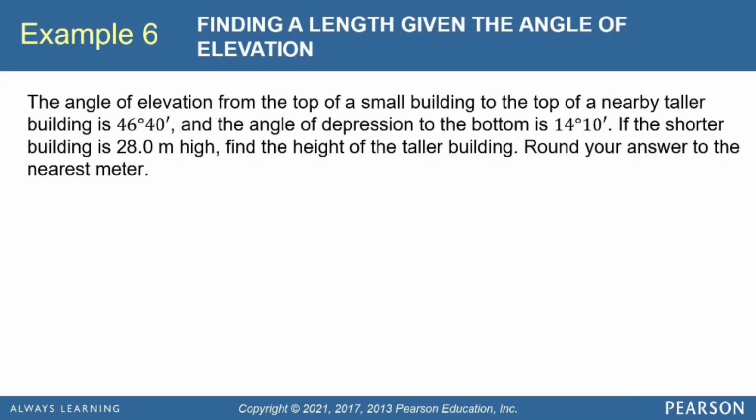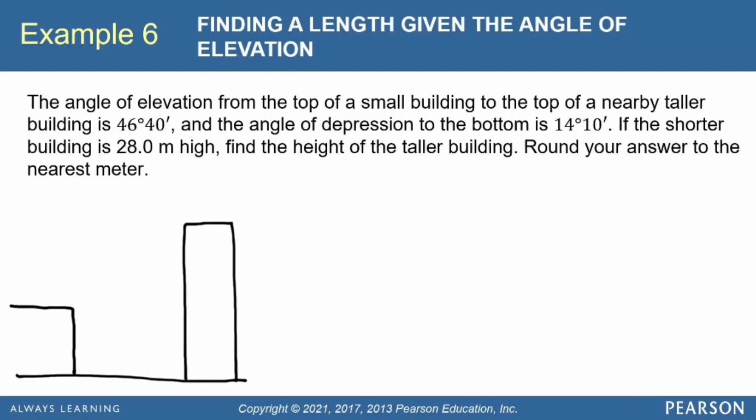So, of course, again, we need a sketch. And we're going to start with this small building. So here is our small building. And it says the angle of elevation from the top of a small building to the top of a nearby taller building is 46 degrees and 40 minutes. So here's our taller building. And let's get our angle of elevation.